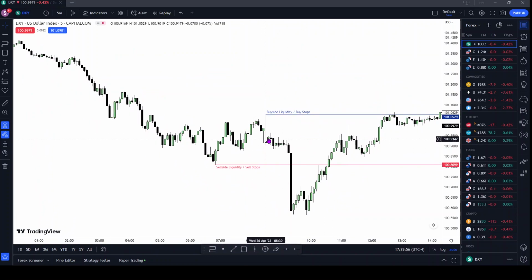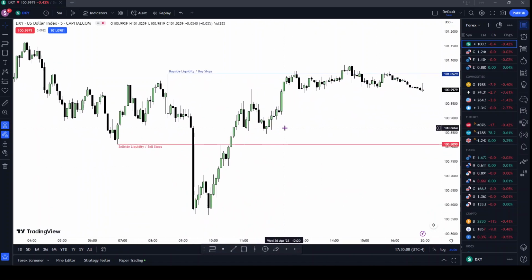With this in mind, you'll see that price clearly traded down. This is very recent, this is the 26th of April on Dixie. It traded down, took out the sell side liquidity, and then after that it decided to go for the buy side liquidity. And honestly, as simple as it sounds, that's pretty much all the market does.